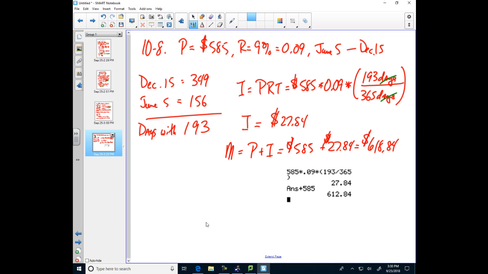Now, if you look at the top of page 276, there's some problems there where they give you the interest and want to know what the time was. That to me, that's just silly. Because if you're going to go get a loan, you're going to know all those things.